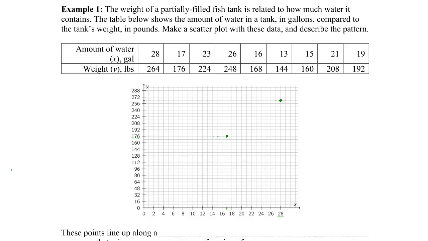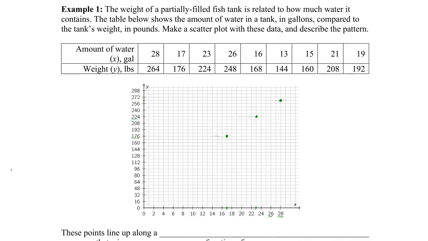When x is 23, y is 224. So the 23 on the x-axis is there, 224 on the y-axis is there. So somewhere along here. There we go. When x is 26, y is 248.